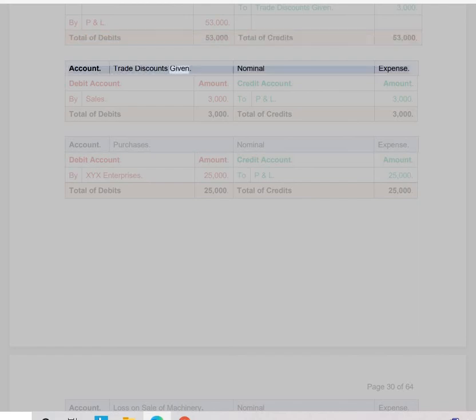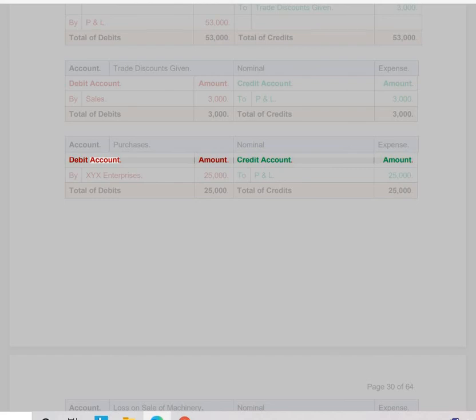Account: Trade discounts given, nominal expense. Debit account, amount, credit account, amount. By sales, 3,000, to P&L, 3,000. Total of debits 3,000. Total of credits 3,000. Account: Purchases, nominal expense.